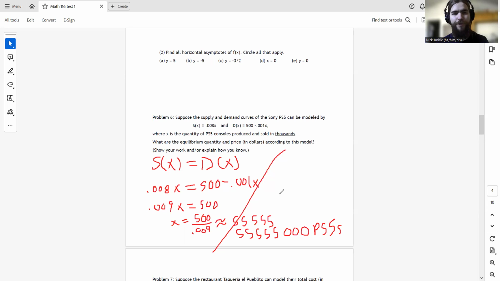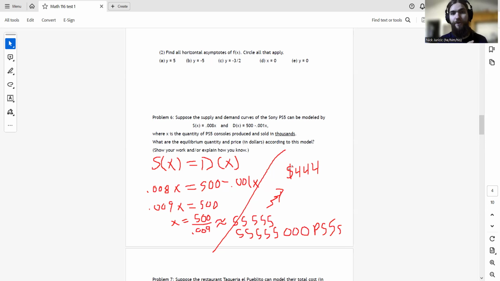And if we want the equilibrium price, we can plug this back in to either the supply or the demand, whichever you prefer. But make sure to plug in what you found for x, not with the thousands. If we plug this in, it tells us the equilibrium price is about $444.